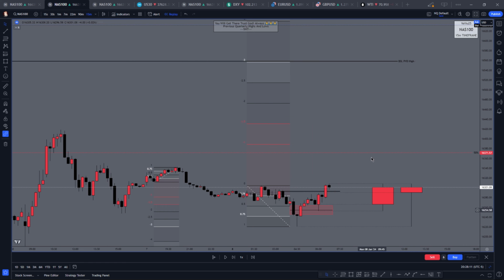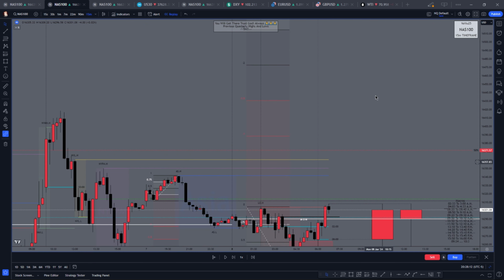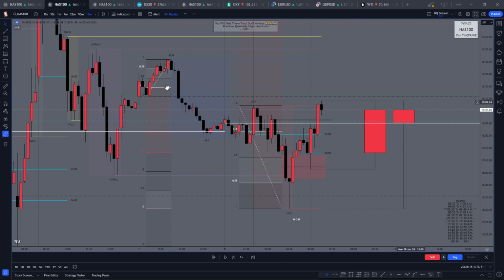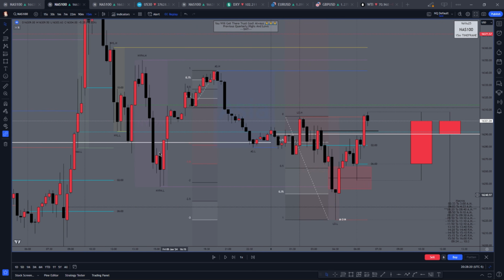15-minute chart again. So as you can see here, price comes down right here, fair value gap, maybe a breaker, reacts, now starts going down. So accumulation, manipulation, down. Why manipulation down? Because we'd like to see higher prices.